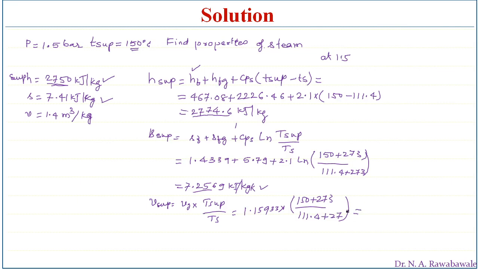So this will be (150 plus 273) divided by (111.4 plus 273, this is 273 plus 273, close this bracket) into 1.15933.